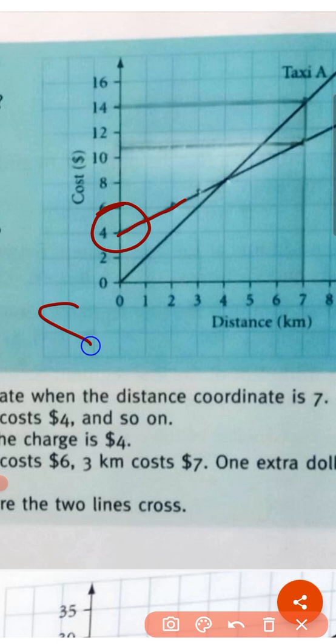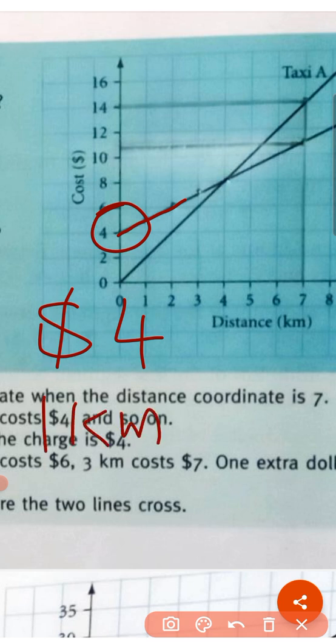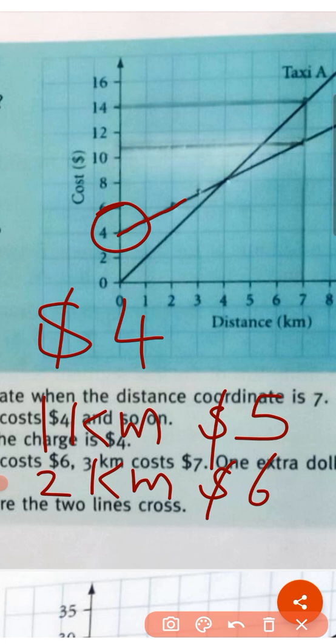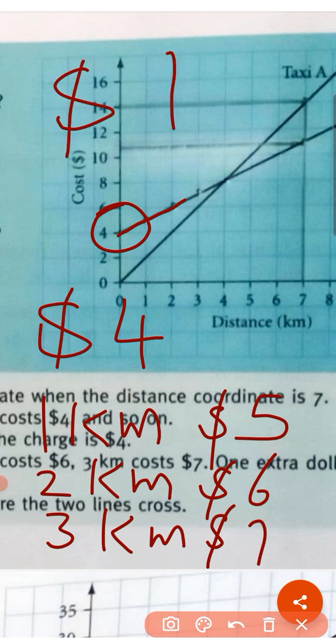So the fixed charge is $4, and for 1 kilometer $5, for 2 kilometer $6, and for 3 kilometer $7. The difference between these charges is 1, so for each kilometer, taxi B charges $1.